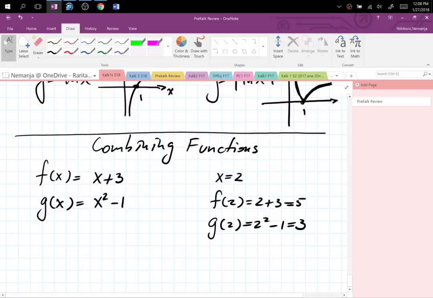So as you can see, with a different function, I am getting a different answer.